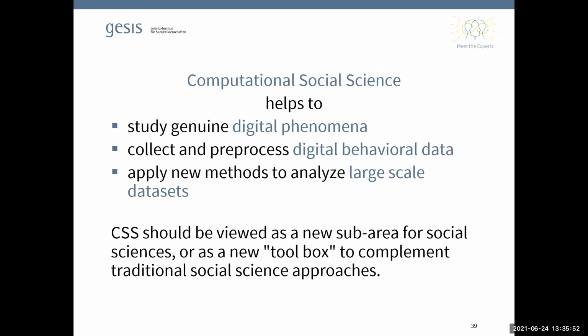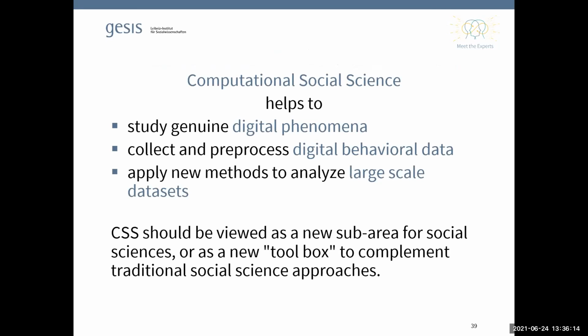It can help you to study genuine digital phenomena like people sharing intimate details in specific online spaces. It can help to collect new types of data and to pre-process them to make them usable formats.